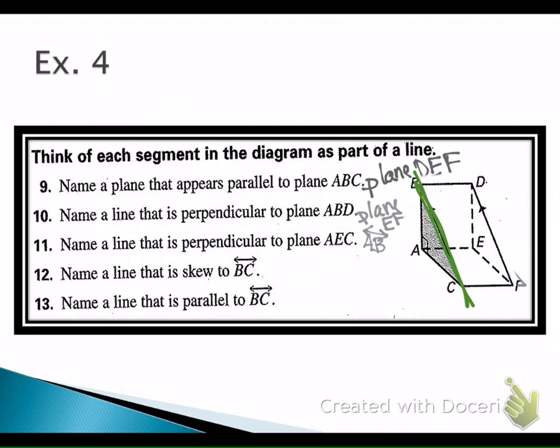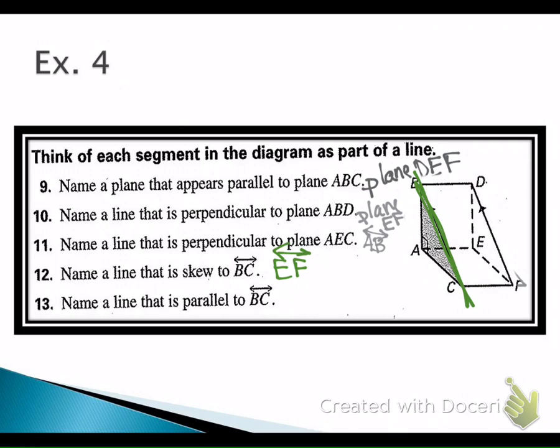If it has a B in it, it's going to intersect. EF is good. Yes, they're not going to intersect. They're not on the same level. They're going in different directions. What about DE? DE would work too. AE would work. Yep. Very good.